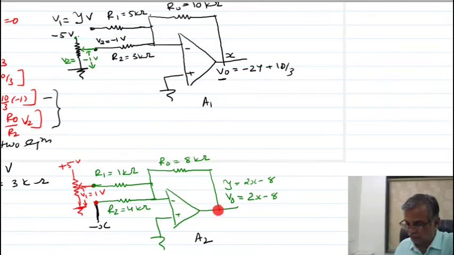So I will give the output of A2 as input to A1. Here minus x is required, so output of A1 is given to the inverter, and output of the inverter is given to this point. Your circuit will be ready.